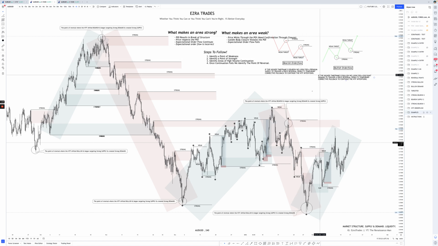And so when price comes back to mitigate a strong level and it gives you a confirmation on a lower time frame than the one you're using, you can take a trade with confidence there. And the idea is if you're using your structure on the higher time frame, so if our structure is on the 4 hour, you can target 4 hour levels with a 15-minute entry or a 5-minute entry or 1-minute entry, right? And so this should take a lot of the guessing away from trading.